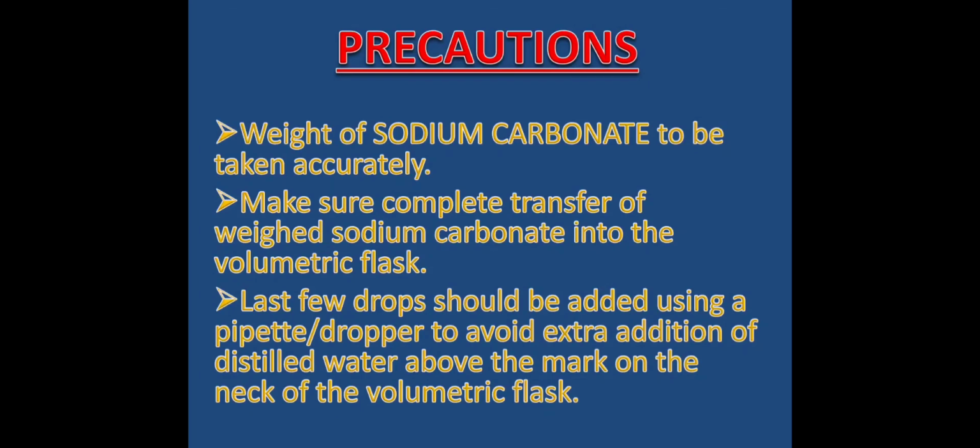Number 2, make sure of complete transfer of sodium carbonate into the volumetric flask without any loss. And finally, when the volume is adjusted, make sure no extra distilled water is added; we can do it carefully with the help of a dropper or a pipette.